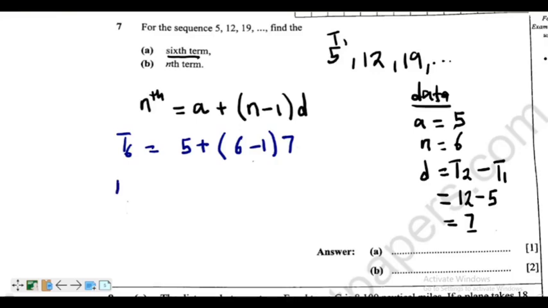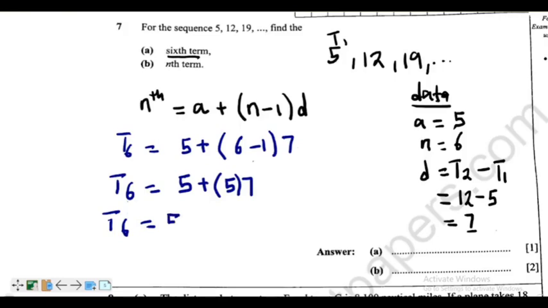Okay, so 6th term is equal to 5 plus, so 6 minus 1 will definitely get a 5, then here there is a 7. So 6th term is equal to, so we have to open the bracket by multiplying 5 times 7.